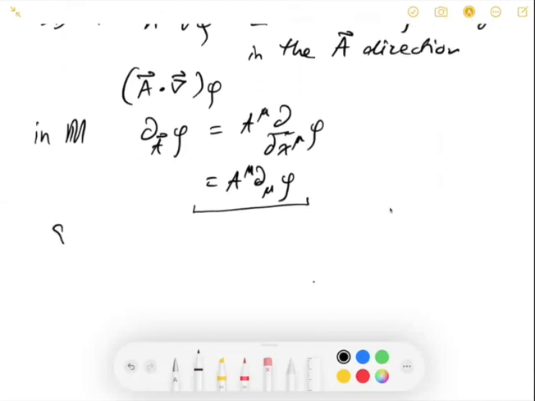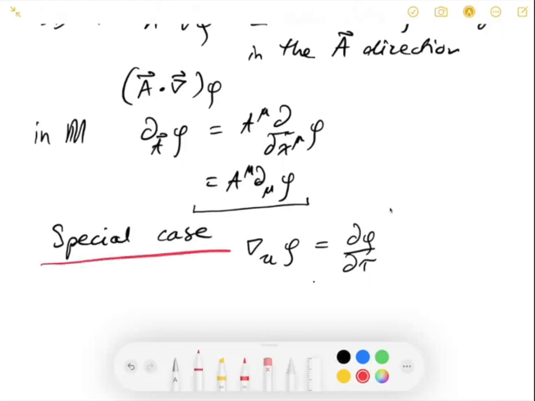And in a special case, if you take the 4 gradient in the direction of u of some function, then that's the same as how that function changes with its proper time. I haven't seen this one myself too much yet, but the book makes mention of it, so I'm sure we will encounter that at some point.